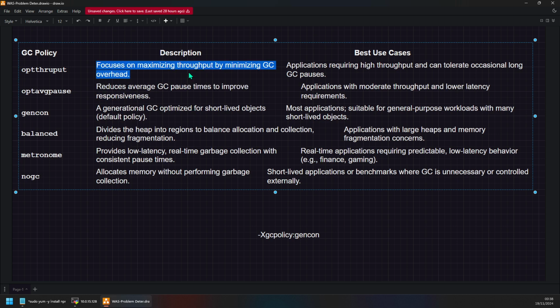But optthruput will give you amazingly fast throughput, but the pauses will be high here, because it will be working on all threads at the same time.